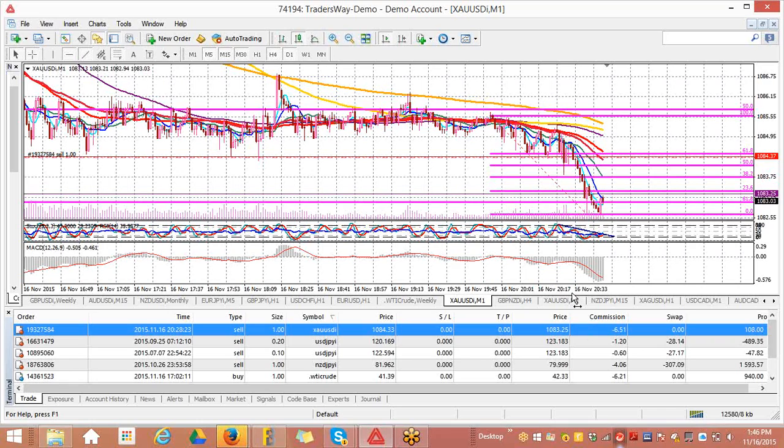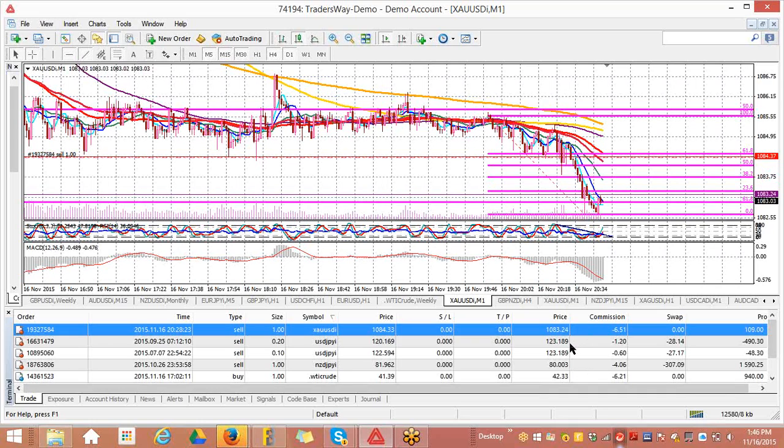But since it's a minute chart, I'll give it a few more minutes. They're sort of converging right now, these two. And that opened below the 10.